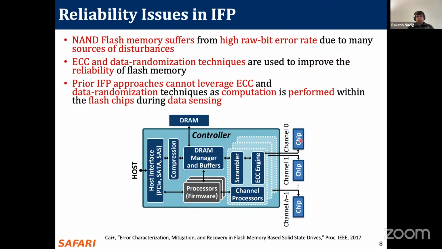So there will be a lot of data movement if we need to make the data more reliable by using the ECC engine. Because the computation is happening only in the flash chip, these IFP techniques do not use these kinds of mitigation techniques that are typically used in commodity SSDs.